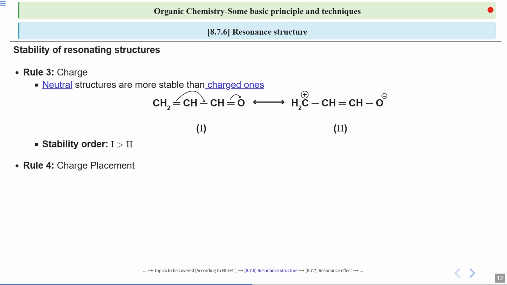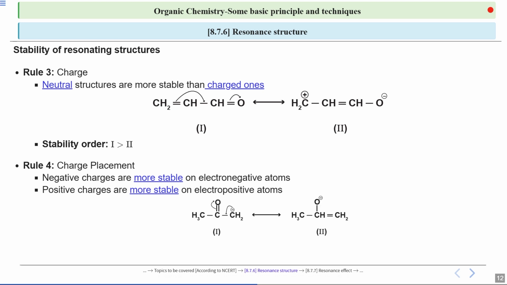Then next, rule number 4 is charge placement. Suppose two species have charge. In that case, the one which has a negative charge on an electronegative element will be more stable, and a positive charge on a more electropositive atom will be more stable.